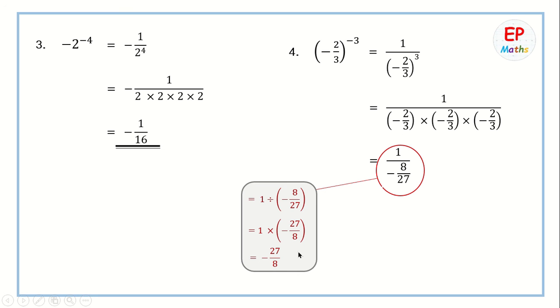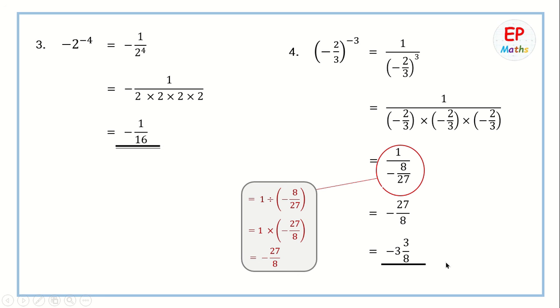Now we will write this as a mixed number such that we get negative 3 and 3 out of 8. So that becomes our answer.